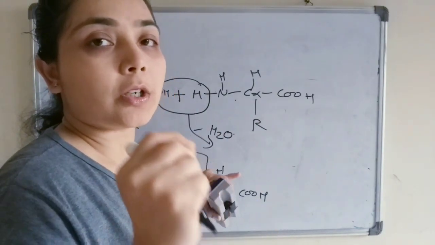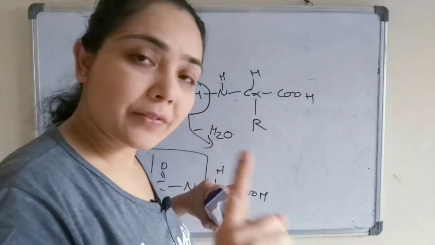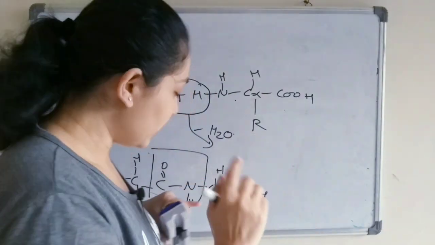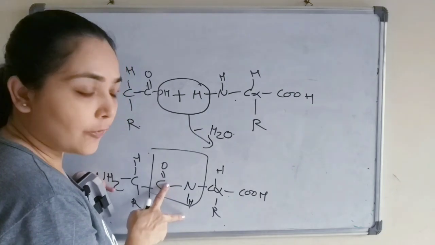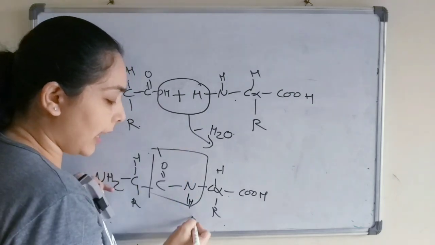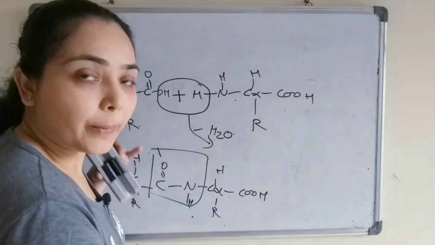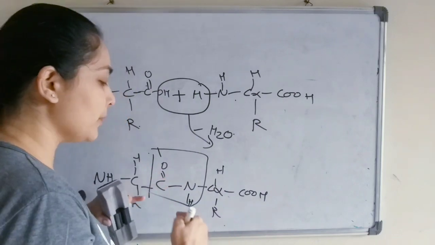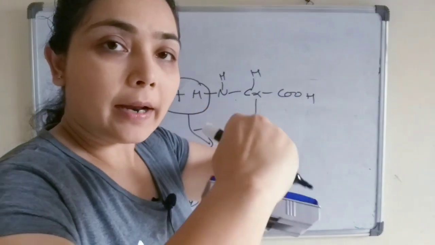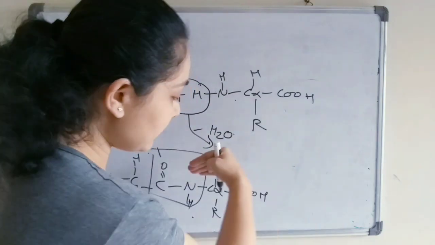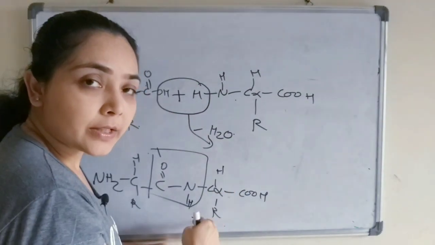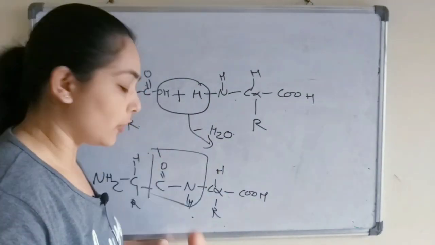That is actually the important topic, how partial double bond is formed. I will explain in the next class, but you understand this is in the trans form. Oxygen is present in one side, hydrogen is present in the opposite side. So peptide bond is present in the trans form. Cis form, if both hydrogen and oxygen are present in the same side, then it is known as cis form. This is in the trans form. This is also important for the MCQ.